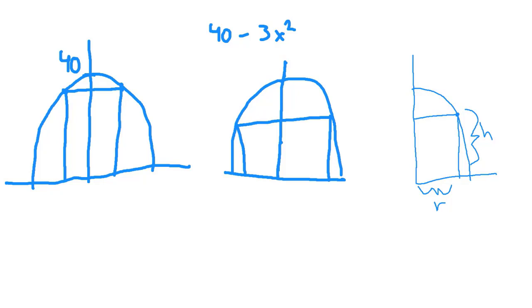So if we think about what the x coordinate of that point is, because this bottom part is the distance r, or the width is r, the x value at this point should be r.